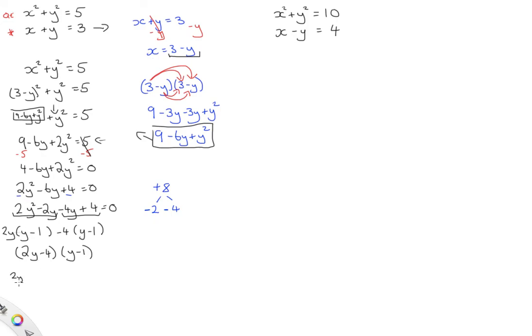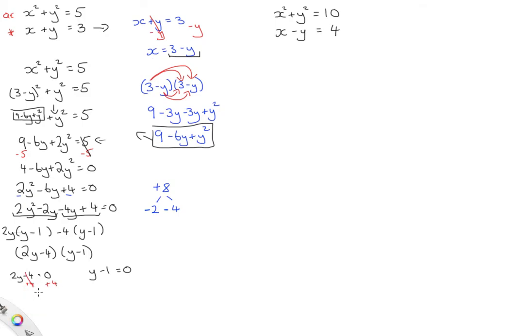So 2y minus 4 equals 0, and y minus 1 equals 0. If I use the old-fashioned method, I can just bring the 4 across and then bring the 2 under. Or if I'm using the balancing method, I will plus 4 to both sides.